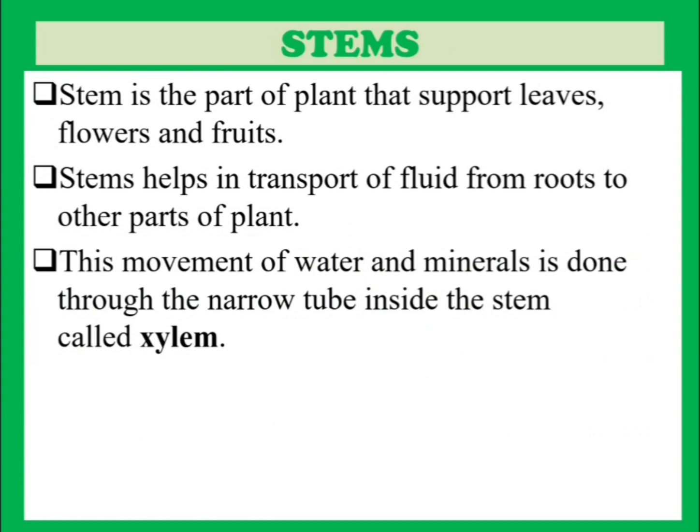Aerial part means the part which is above the ground, in contact with the atmosphere, the air. So the stem is the part of the plant that supports leaves, flowers, and fruits, and it is the erect aerial part.